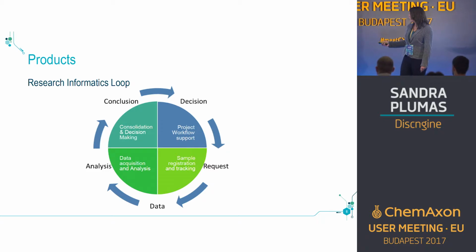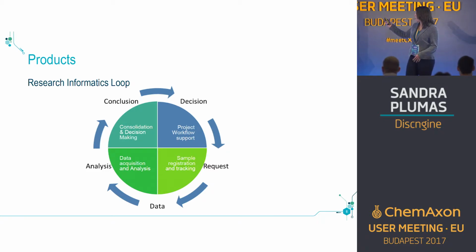So starting by a request based on a set of known data, samples of a research project must be registered and tracked in an application. So all the samples are used in experiments, which generates new data, which must be acquired and analyzed.